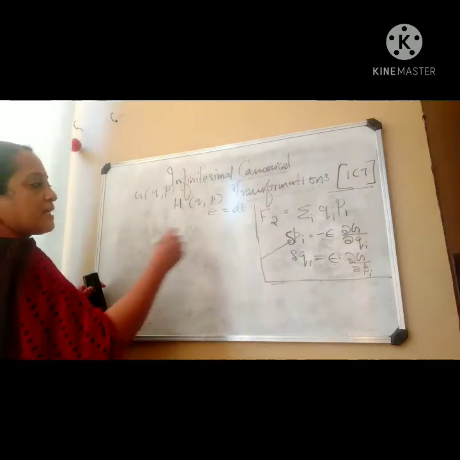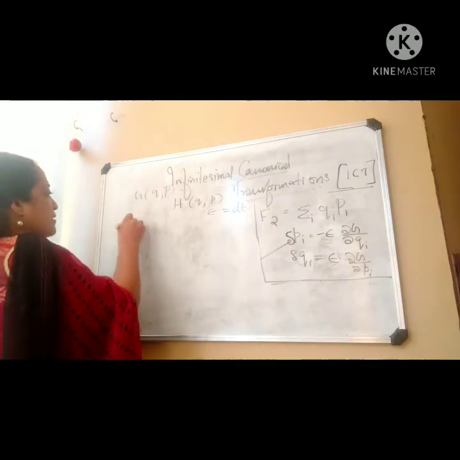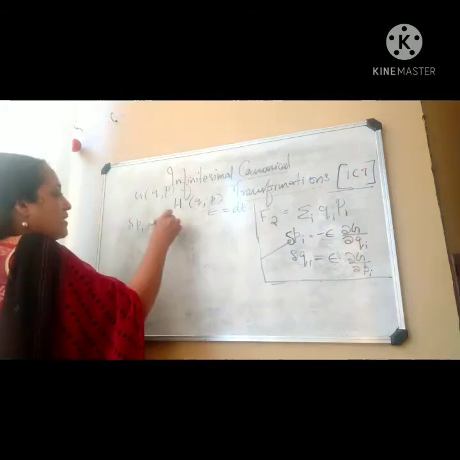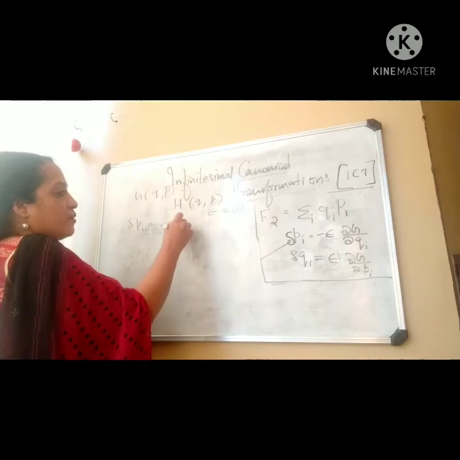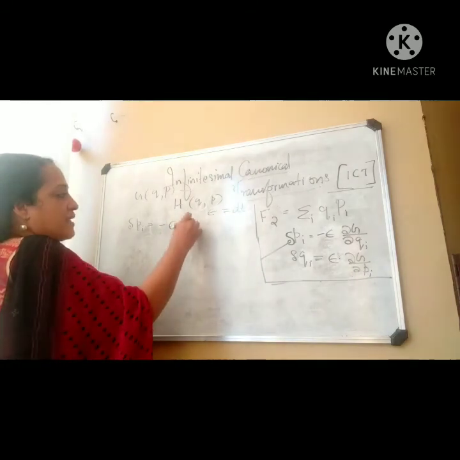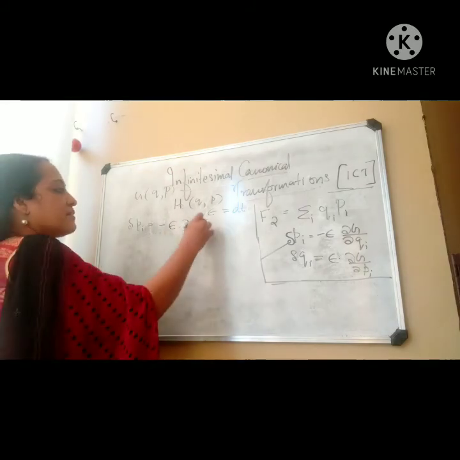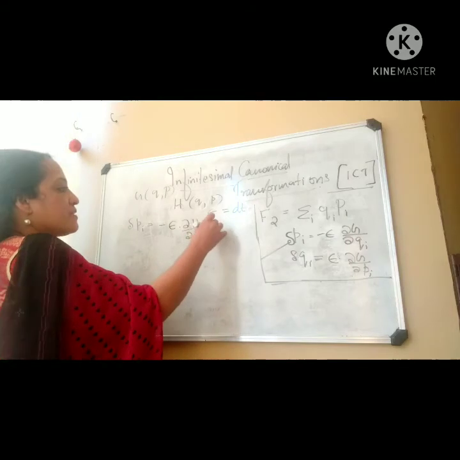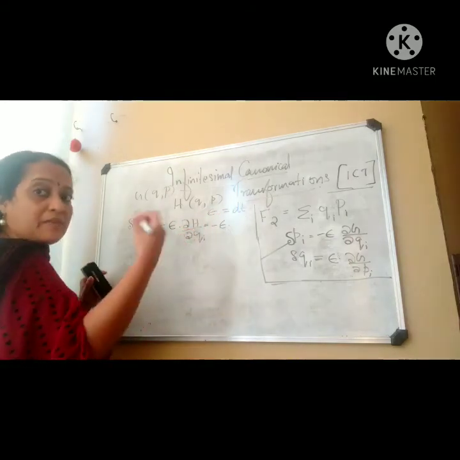The transformation equations then become delta pi equal to minus epsilon into dou H by dou qi. We know that dou H by dou qi is equal to minus pi dot.